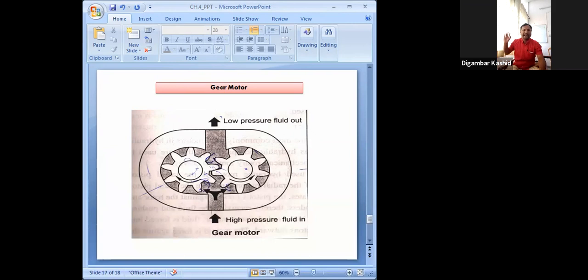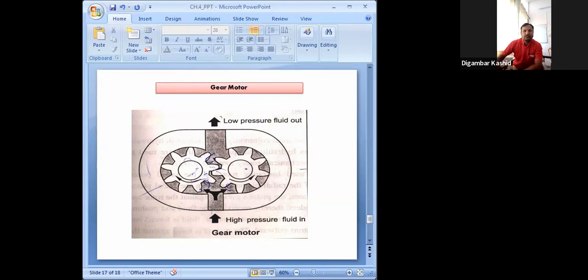Okay, so at the inlet you will have the fluid with high pressure, but when it is discharged from your gear motor, at that time the pressure of that fluid, or the pressure of the air, is going to reduce. So due to that only, here I have written that low pressure fluid is going out through this port. So this is your outlet, or the discharge port, or exit.